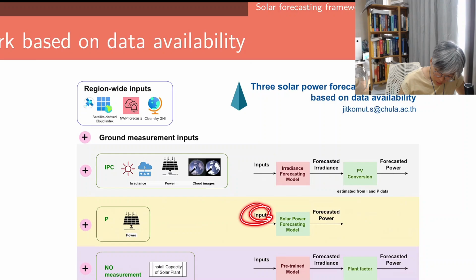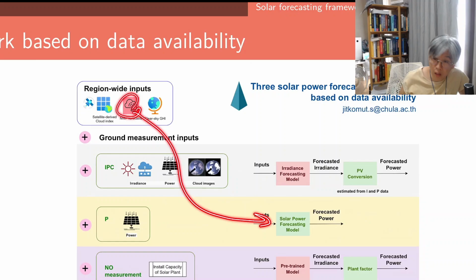Because forecasted power depends on the irradiance, depends on the temperature, depends on other things, for the temperature you're going to need the information from the weather forecasting service instead, not from the measurement.